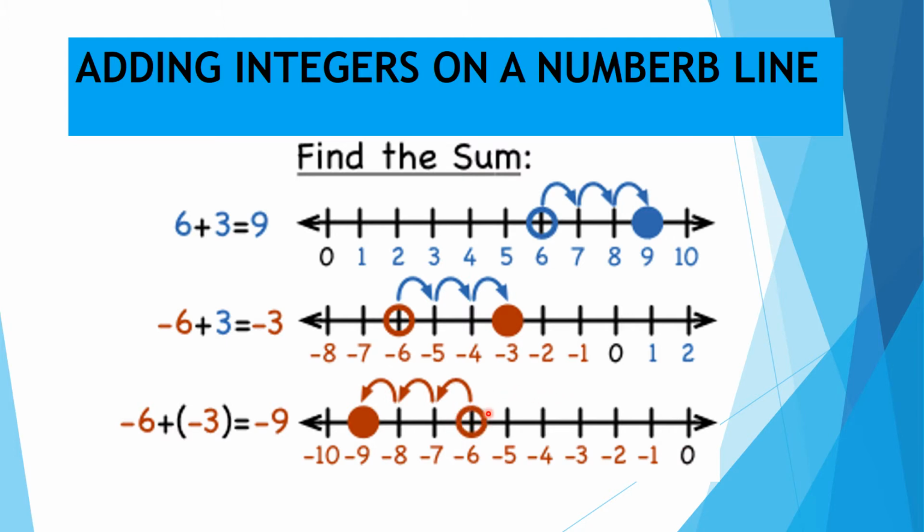Now you have to go 3 steps. If it is plus minus 3, when the number is minus, you have to go 3 steps to the left. So just move 3 steps, 1, 2, 3. So you reach minus 9. So minus 6 plus minus 3 is minus 9.